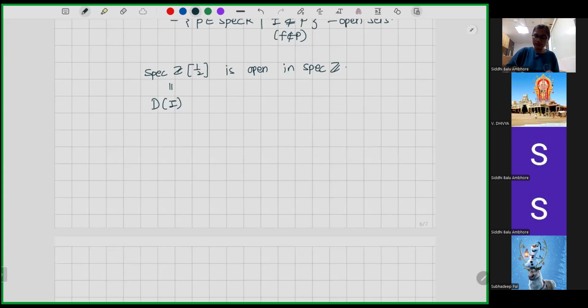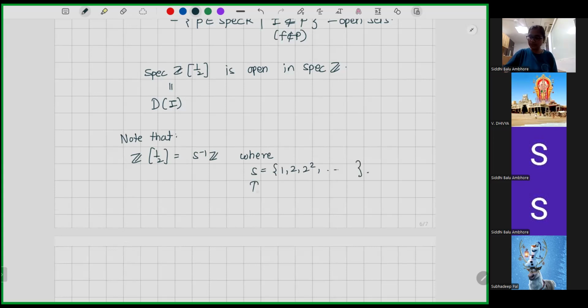But before that, what exactly is this Z[1/2]? It is S inverse Z, where S is 1, 2, 2 square, and so on.